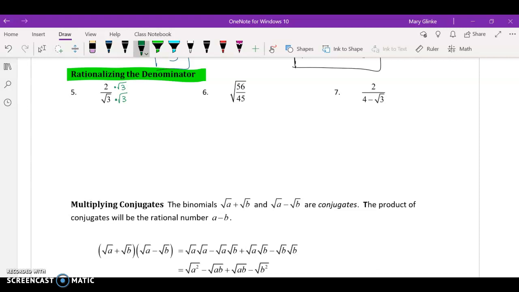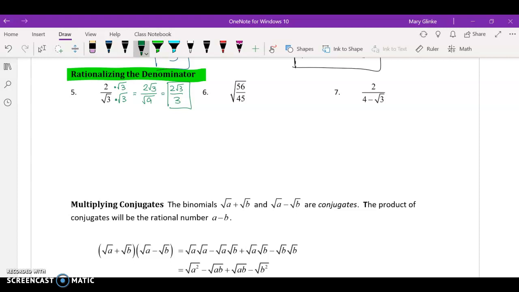Because technically we're multiplying by 1, so we're not really changing the fraction, we're just changing how it looks. Now our numerator becomes 2 root 3, our denominator becomes the square root of 9, and that simplifies to just be 3, which gives us no more square root in the denominator.